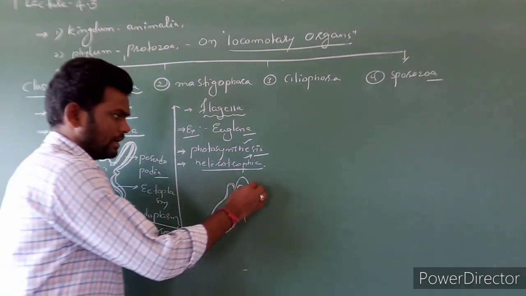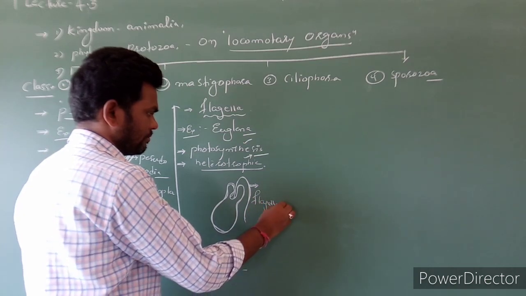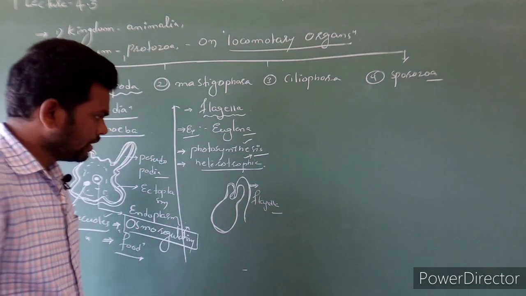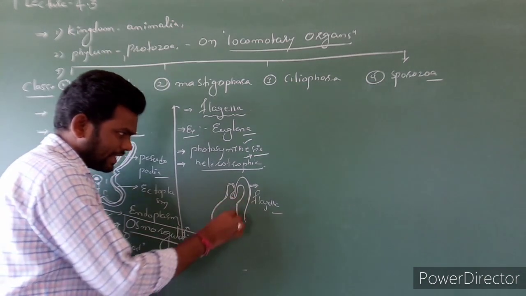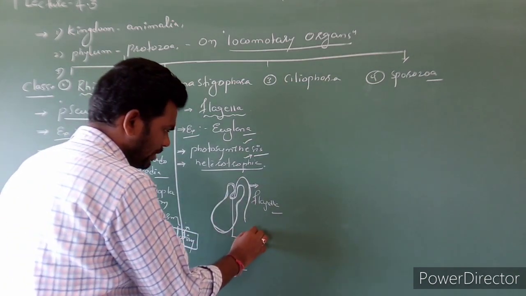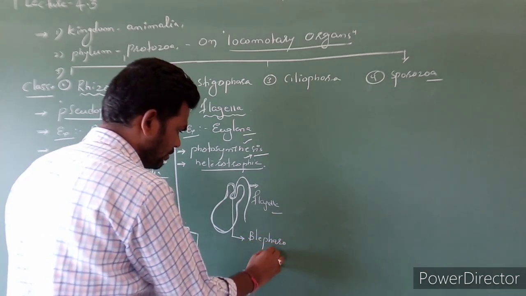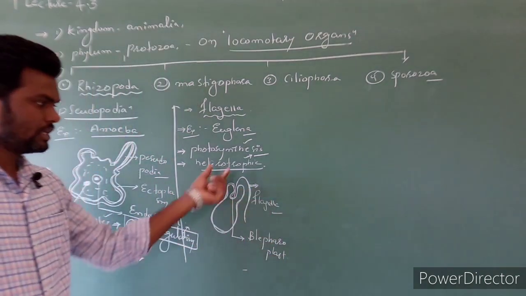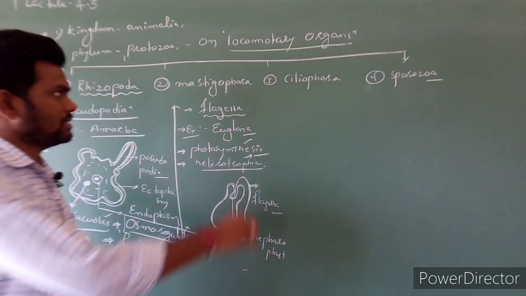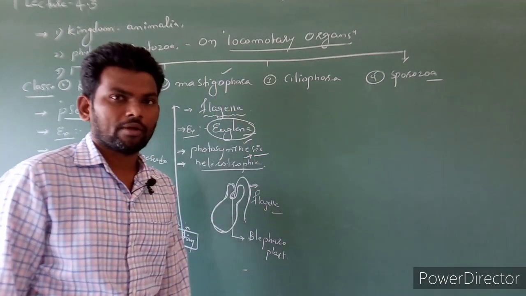So this is the flagella. Here at the base of the cell membrane, this dot is called the blepharoplast. From that, the flagella arises. So this is regarding Euglena, coming under Mastigophora.